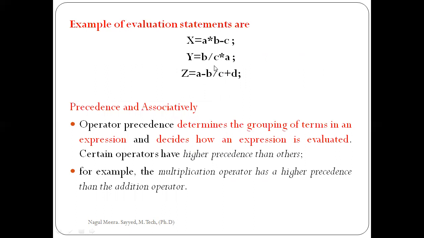Now, what do precedence and associativity say? If our expression consists of more than one operation, each and every operator has some order. This order is nothing but precedence and associativity. For example, the multiplication operator has higher precedence than the addition operator.